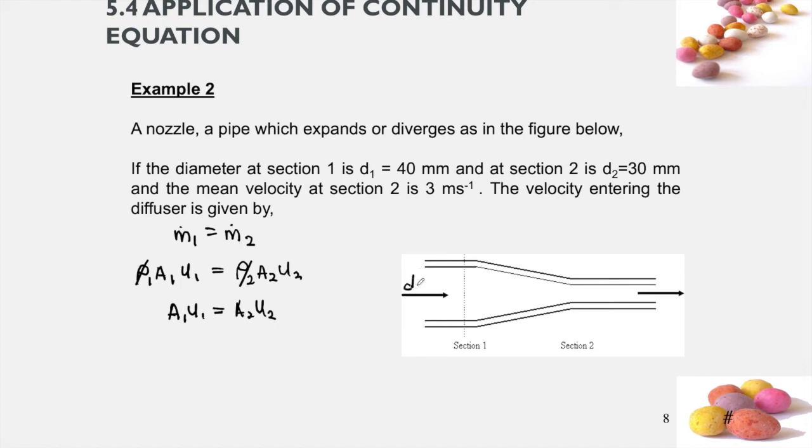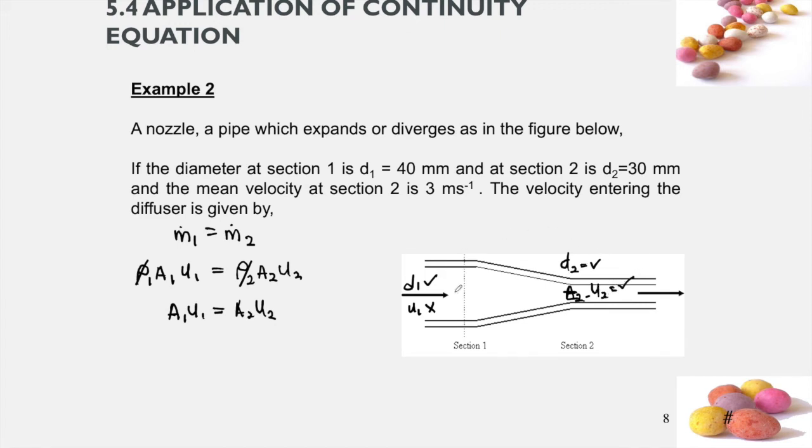So the diameter here has been given. The velocity here is what we are required to calculate. At section 2, the diameter has already been given, and the velocity at point 2 has already been given.